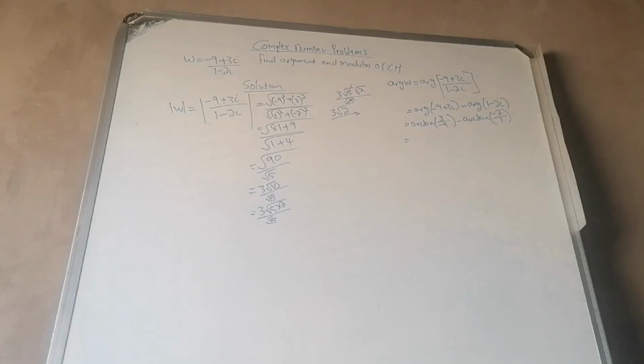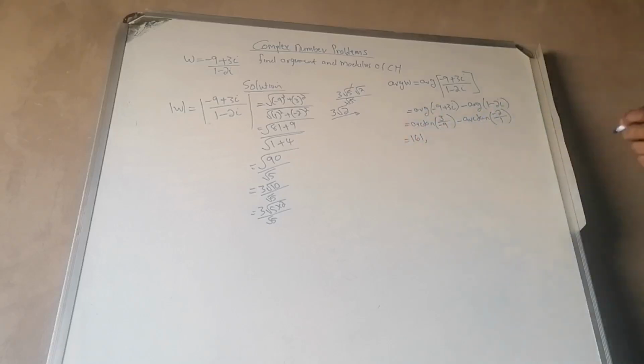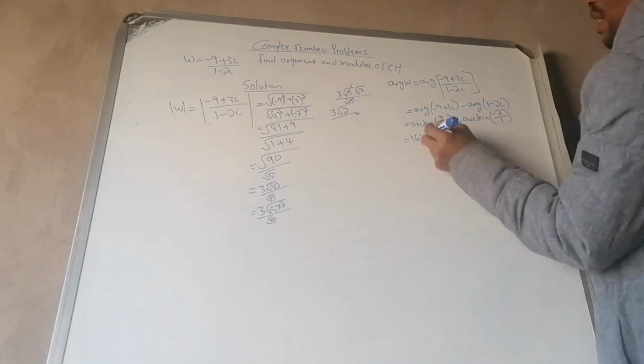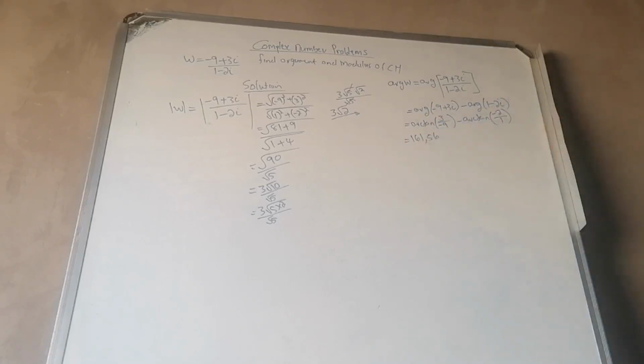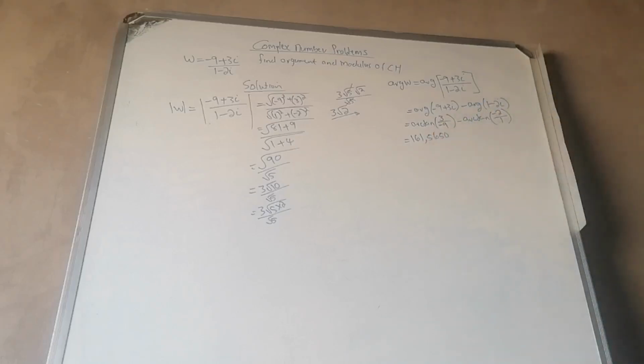So I'm just going to come here and say plus 180. And I will find 161.565.